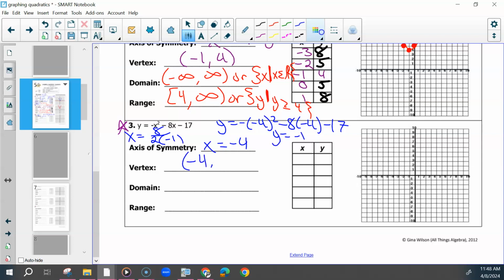So our vertex will be negative 4, negative 1. Go ahead and fill out your x's. Put that point in the middle. Put that equation in for y equals negative 8.